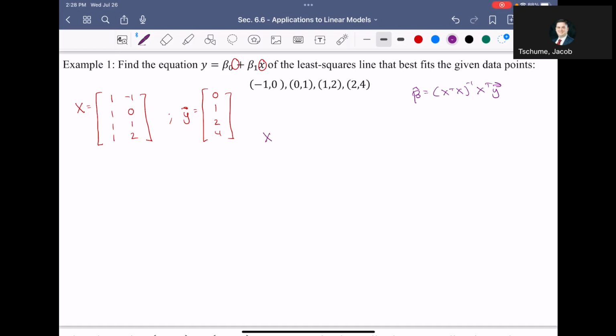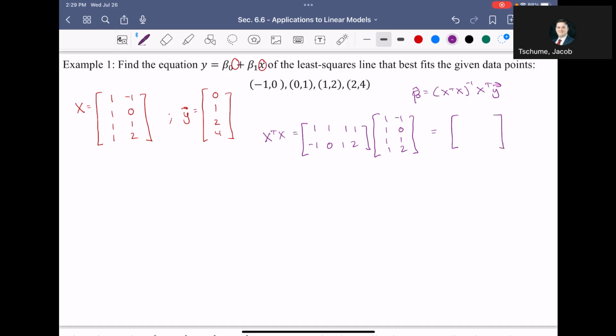First of all, X transpose X. So that will be 1, 1, 1, 1, -1, 0, 1, 2 times the matrix X. So a 2 by 4 multiplied by a 4 by 2 matrix is going to be a 2 by 2.